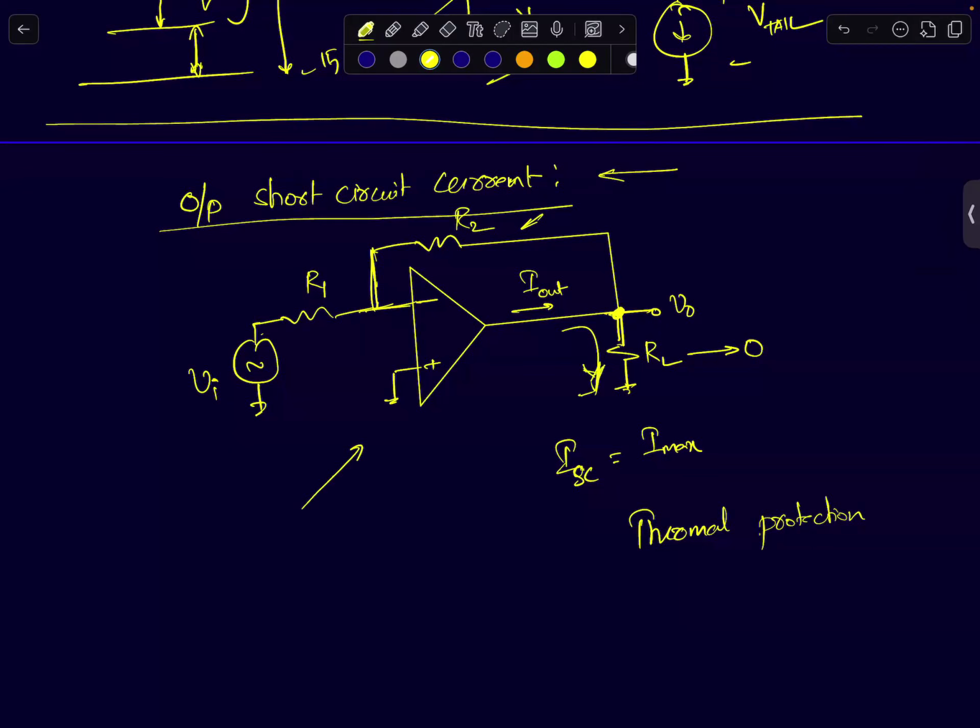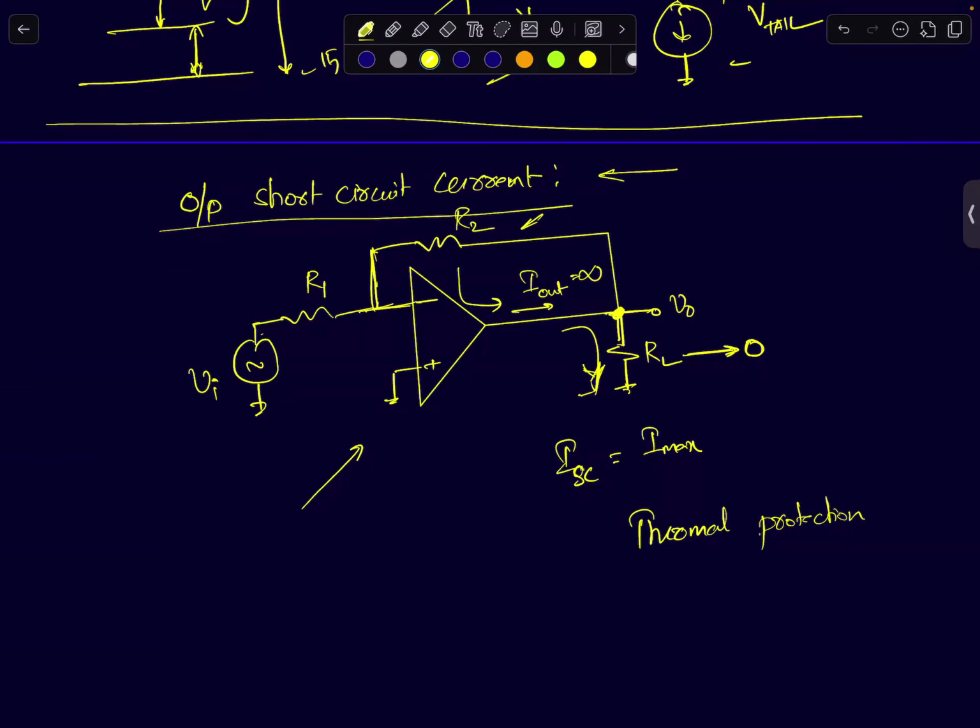A loudspeaker can have very low resistance, which means you have to supply a lot of current. In such cases, if I make RL go to zero, theoretically the op amp has to supply infinite current. But what happens in practice is that as you supply more current, there will be I squared R losses in the circuit.